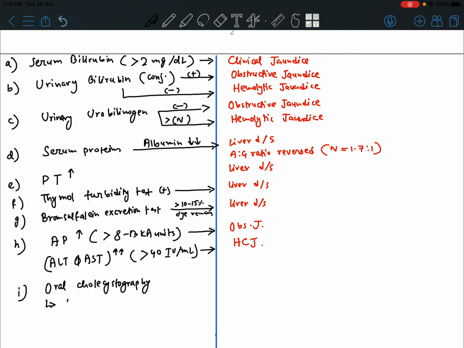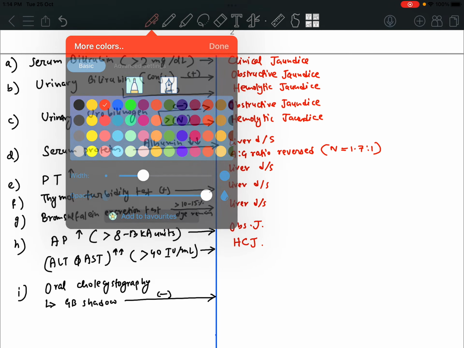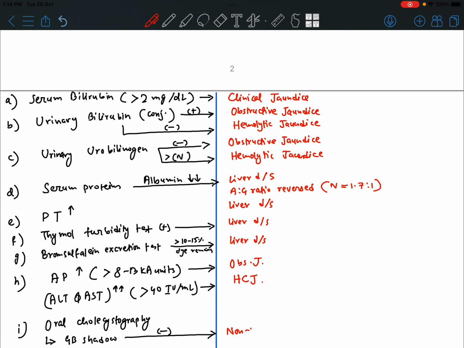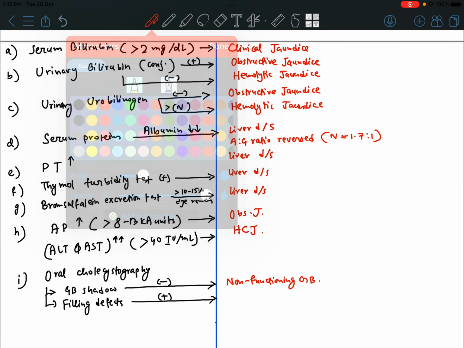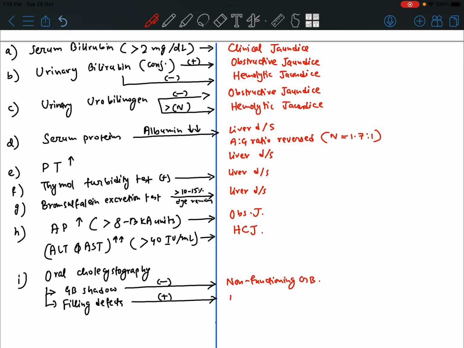So here, if gallbladder shadow is absent, then that indicates non-functioning gallbladder. Okay, non-functioning gallbladder. And if there are some filling defects, presence of some filling defects, then that indicates radiolucent gallstones.